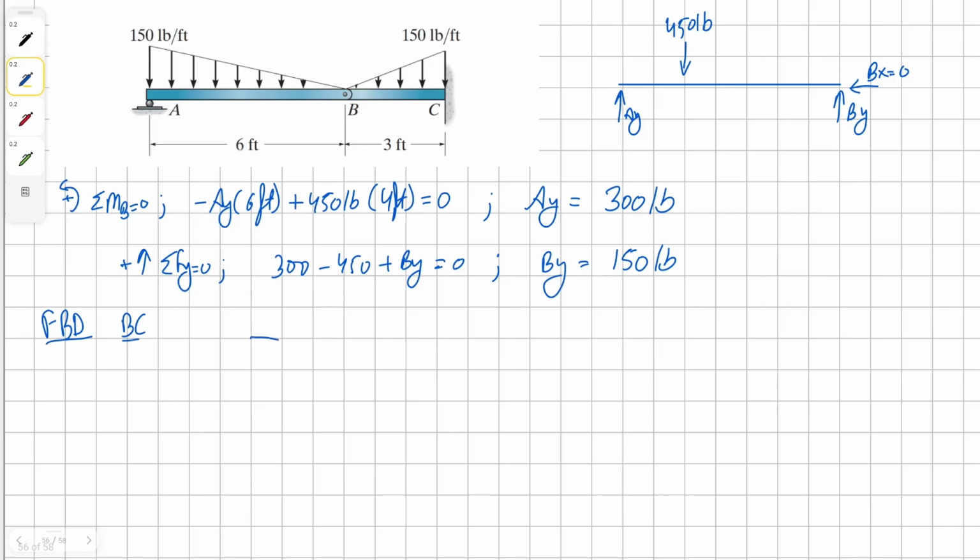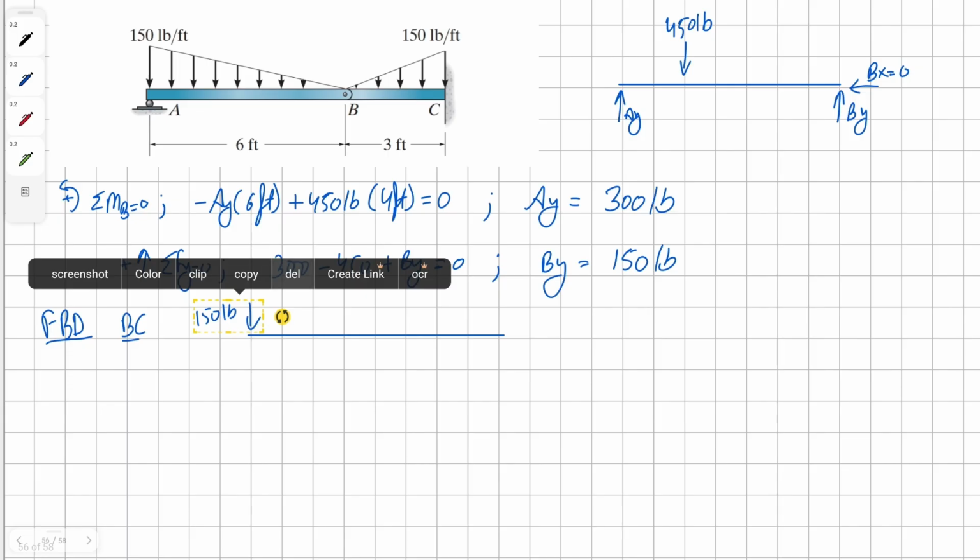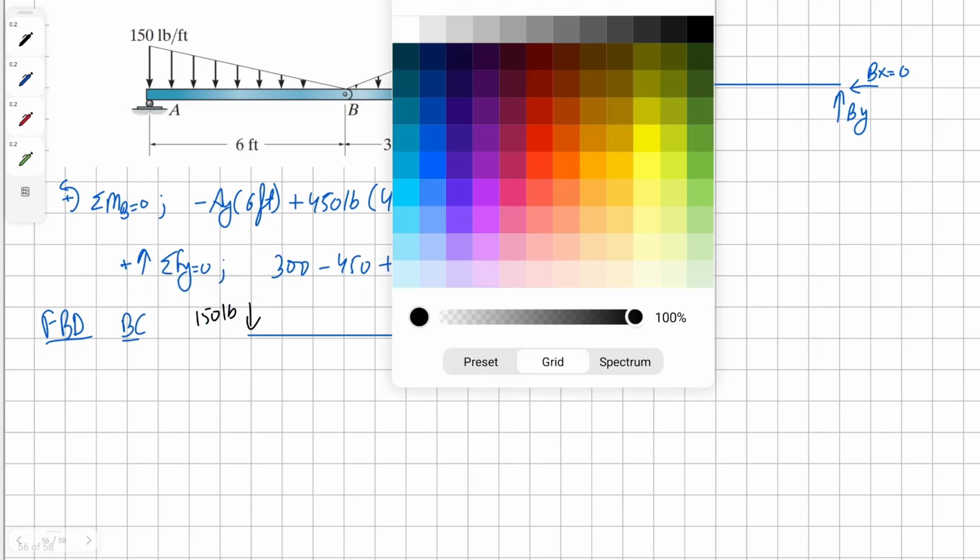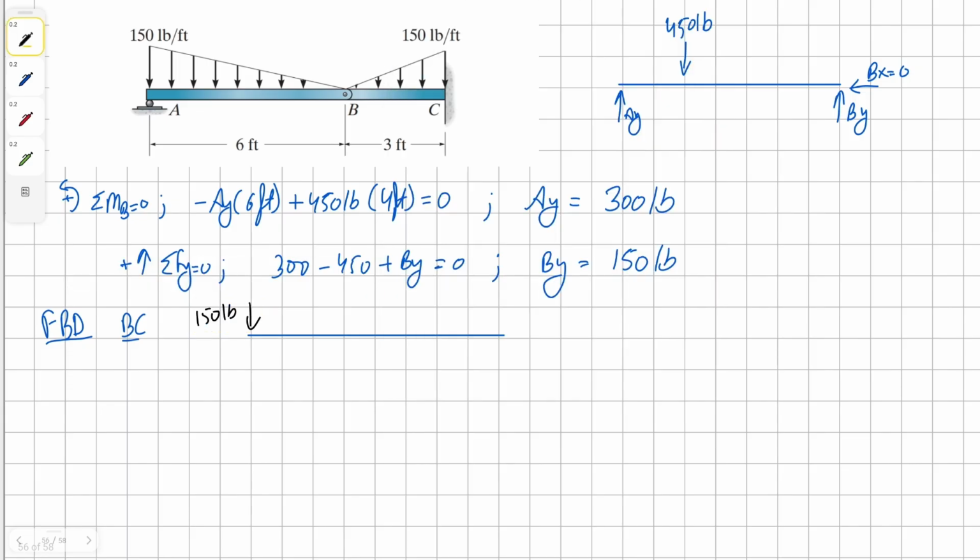So at BC, we're going to have a By, which we have just found. It's 150 pounds. And then we have our reactions at C, so we can have both horizontal and vertical at C plus a moment at C. We know our horizontal at C is going to be 0.